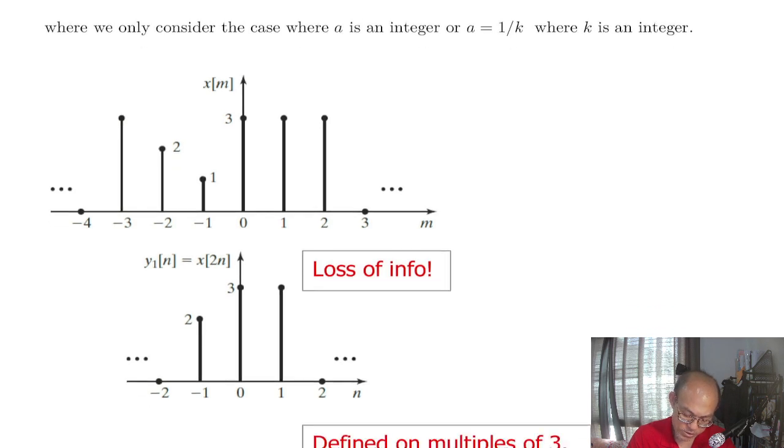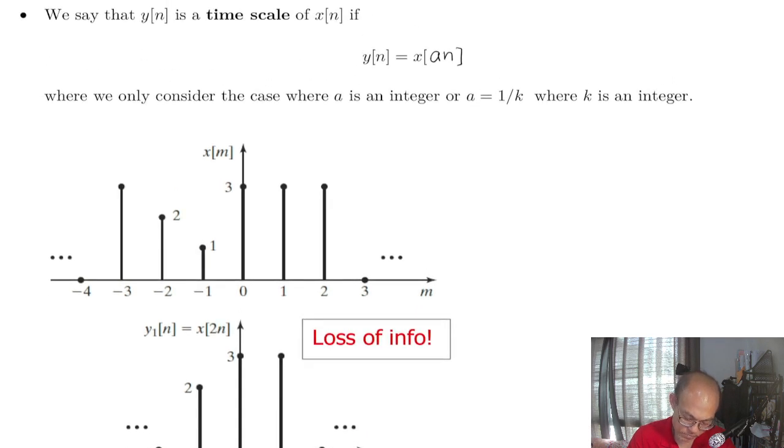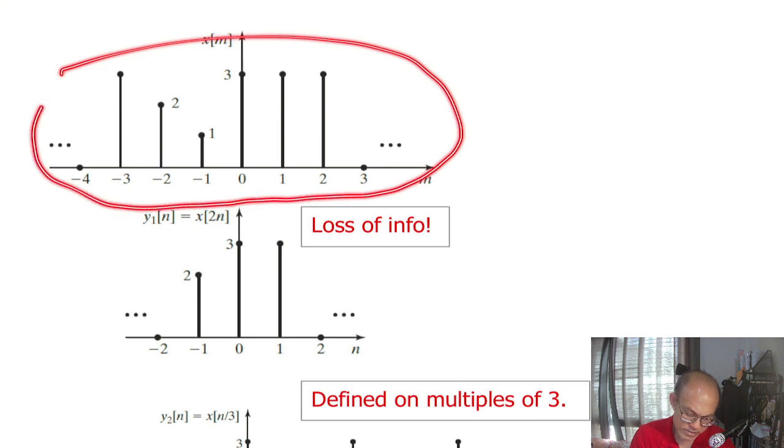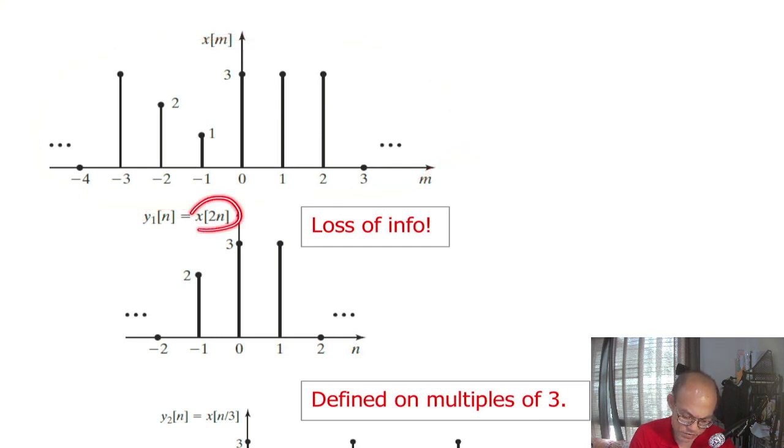Now, there is a condition: everything inside the bracket has to be an integer. So you have to be careful when you shrink it, because when you shrink it, you are basically multiplying the value of n by some factor. If the multiplication becomes a fractional number, then that would not be valid, and that sample would have to be disposed. For example, starting with this signal, you are doing x of 2n.